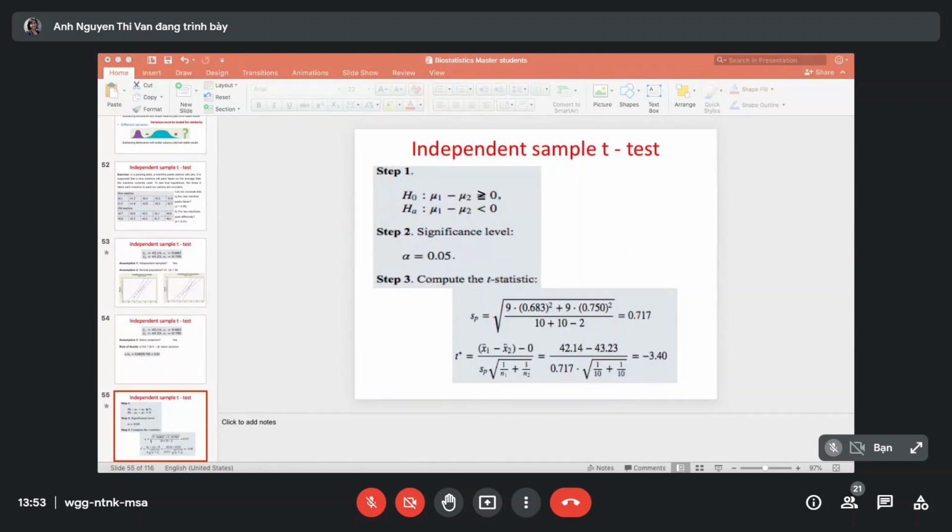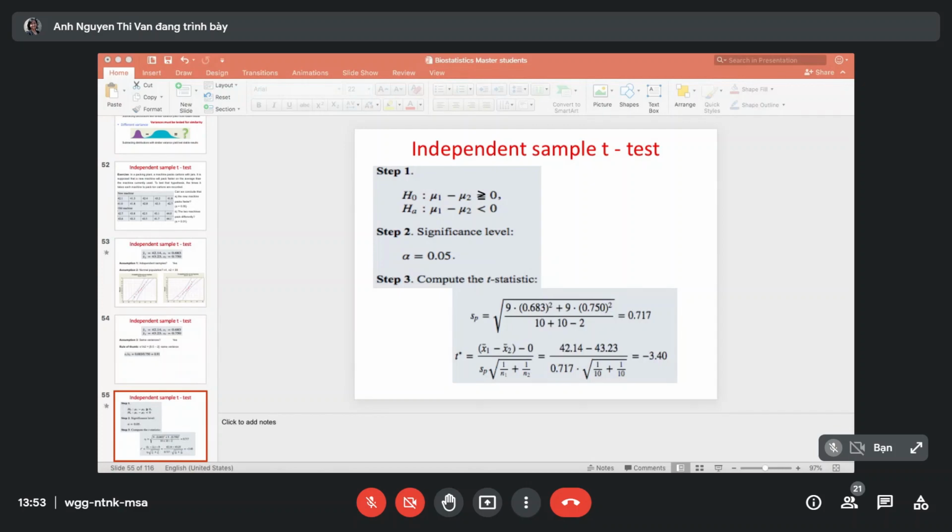Here we are the one tail, so the rejection zone will be on one side. And we use the alpha value of 0.05.